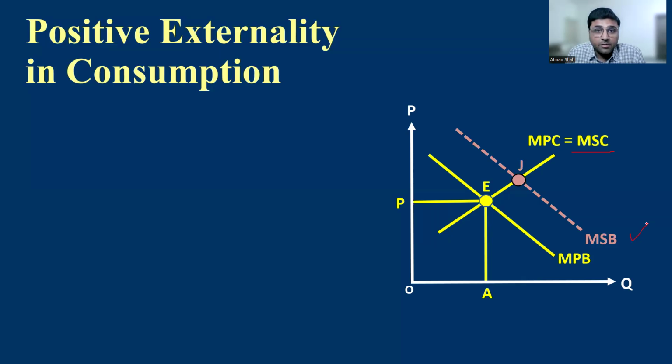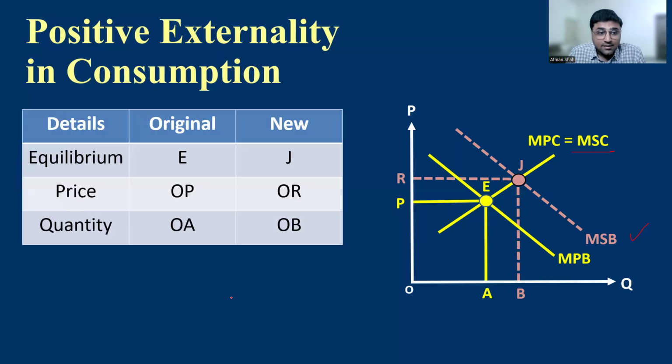So now the new equilibrium point is J. You can see the equilibrium price increases from OP to OR and the equilibrium level of quantity increases from OA to OB. So if we do not consider external benefit, the market produces only OA units. But if we consider external benefit, it produces OB units.